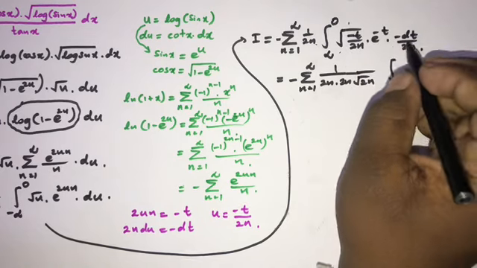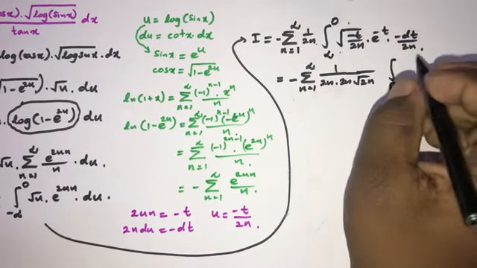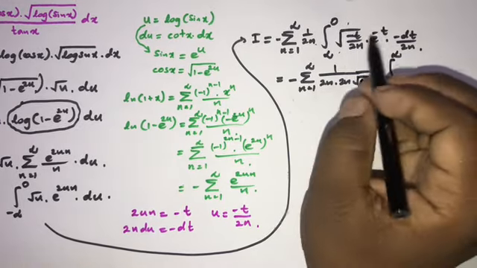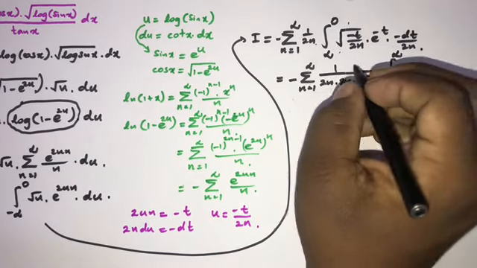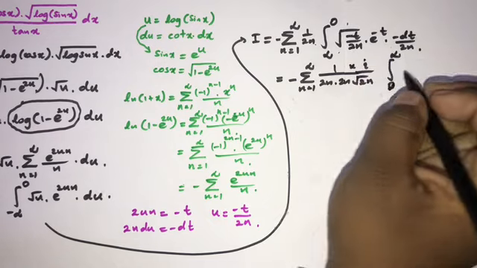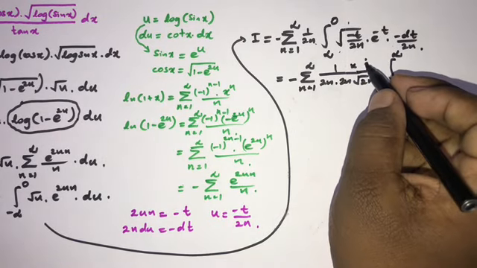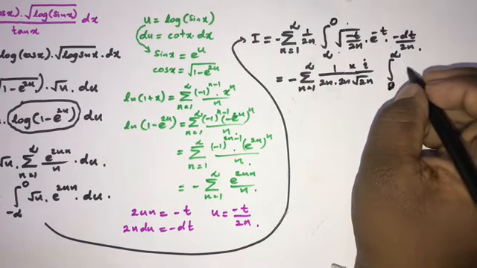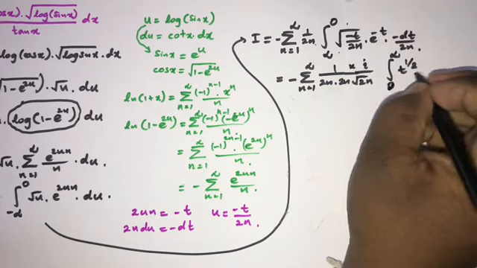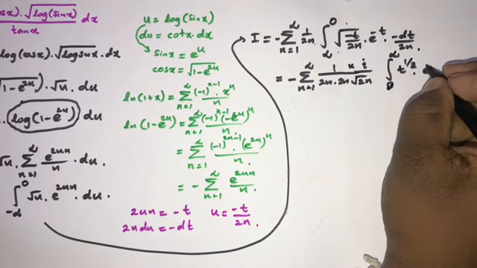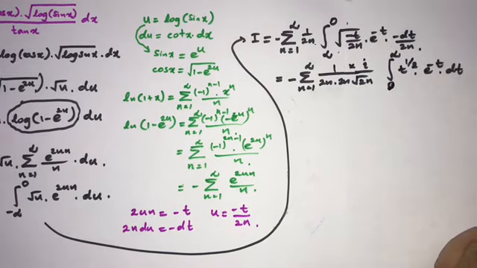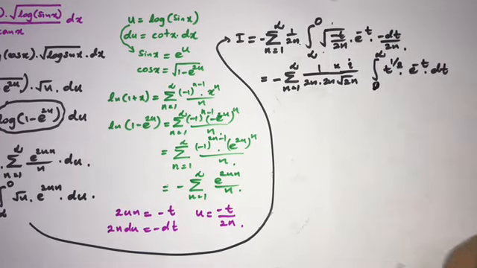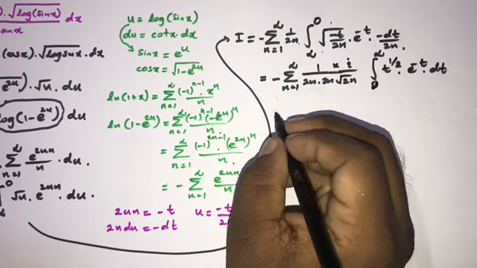When we change the limits, this minus gets cancelled, so here 0 to infinity. Now square root of minus 1 we know is i, so we can write i outside of the integral sign, and here we have t to the 1/2 e to the minus t dt.